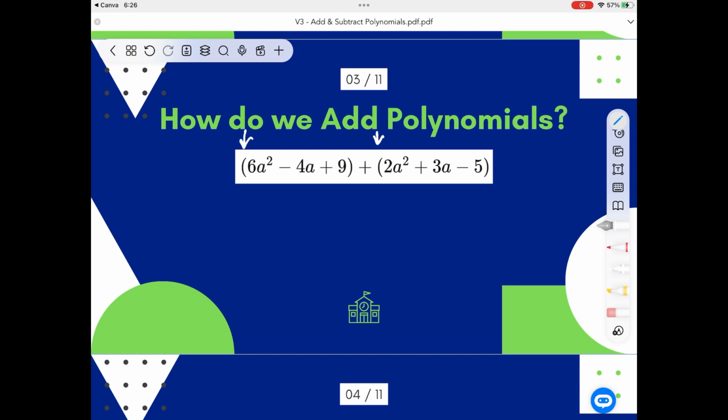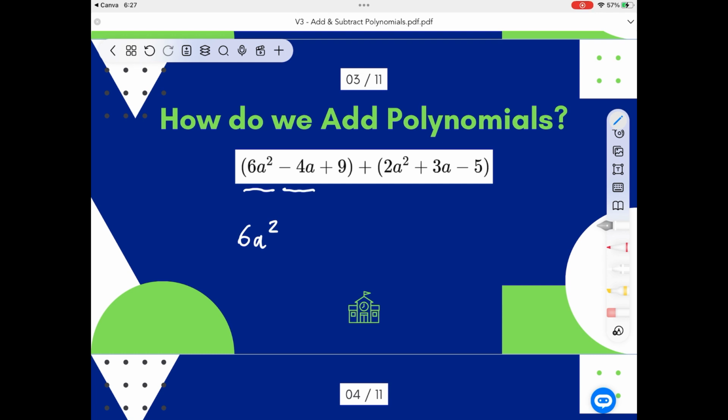When that happens, that just means that the parentheses are only there to show you how the polynomials were originally grouped. When we add them together, we're going to combine all of our like terms. So in the first polynomial, I have a 6a squared term. I want to write that one down. And then I'm going to look and see what my next term is, negative 4a.